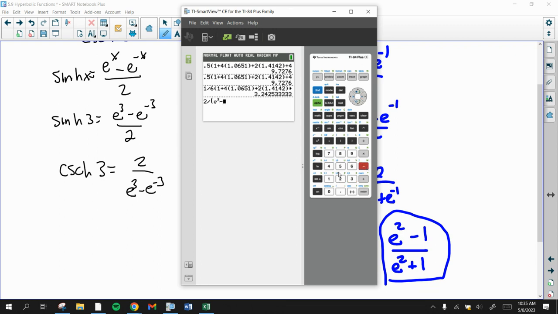And I'm going to show you how to do this directly, to find the hyperbolic cosecant or hyperbolic functions directly on the calculator, in a second after I do this. So e to the negative 3. So this is approximately equal to 0.0998.